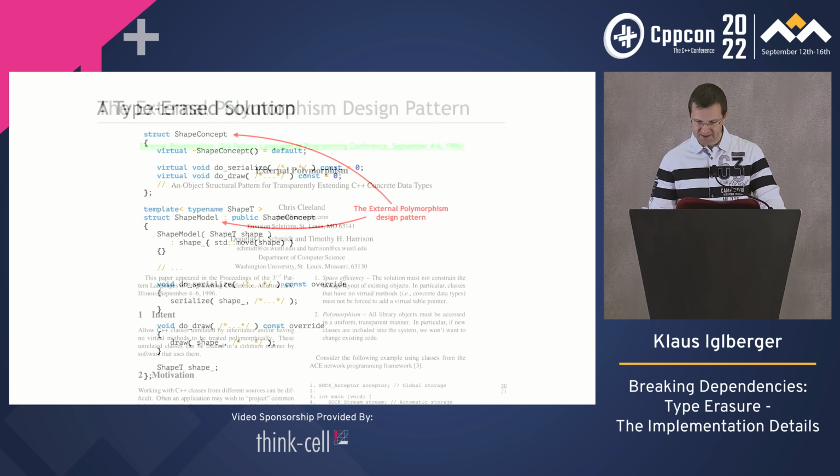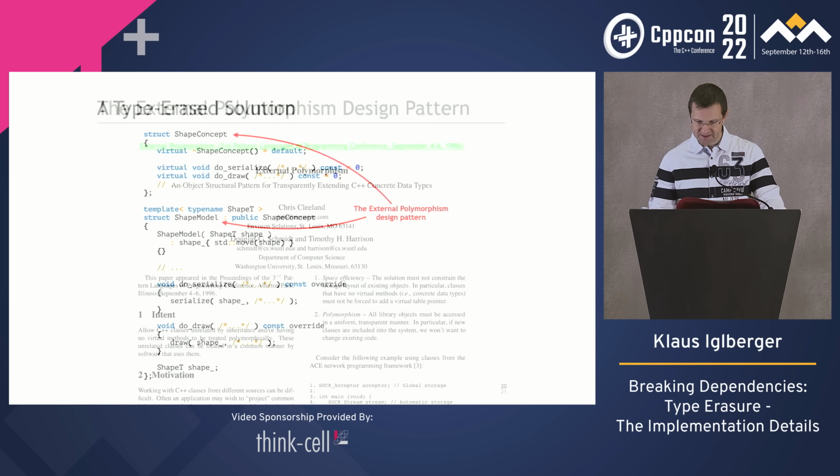But then what I do add in the public section of this class is a templated constructor that takes any kind of shape. Can take a circle, can take a square, a triangle, a rectangle, you name it. It can take any kind of shape and deduces the type. With this type, I now create the according shape model, the shape model of the given shape type.